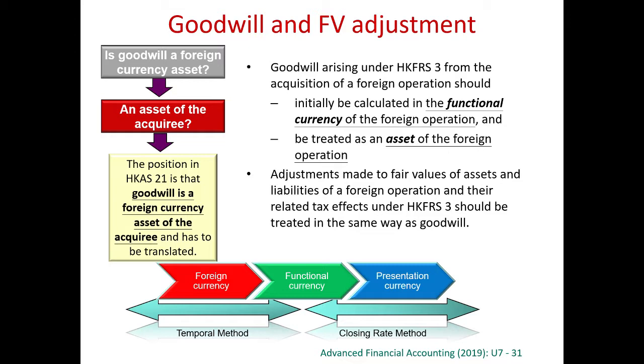But if the functional currency of that foreign operation is Hong Kong dollar, we should record the goodwill in Hong Kong dollar. And this goodwill should be treated as an asset of the foreign operation. In other words, it should be kept in the functional currency of that foreign operation.